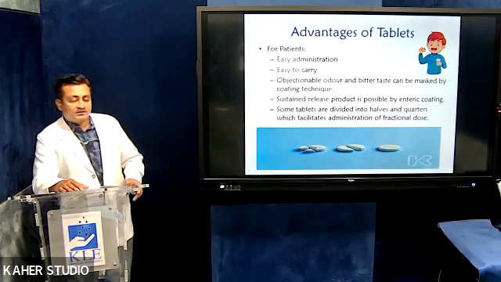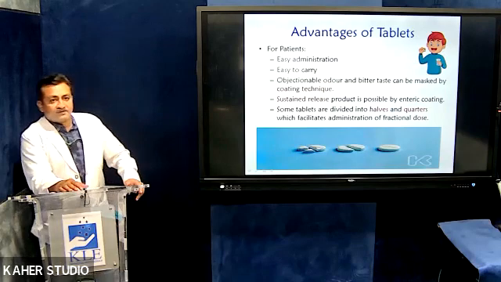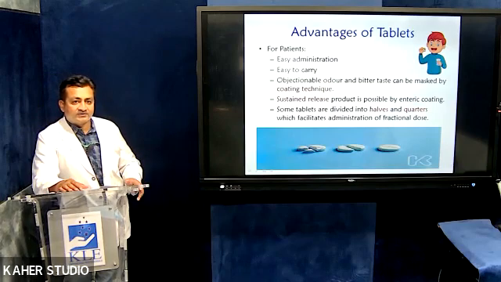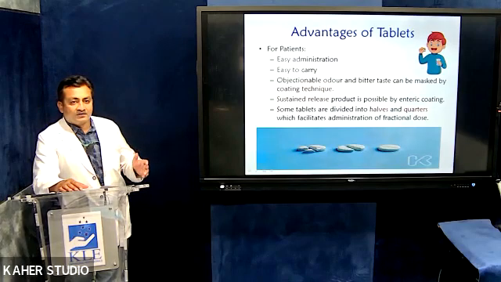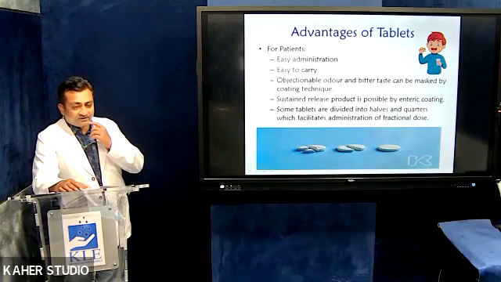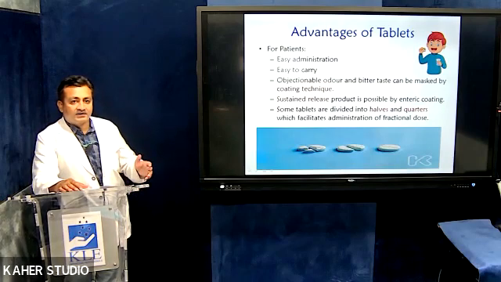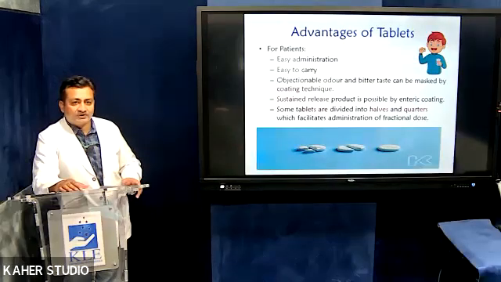Some tablets we can also prepare as a sustained release product, which means the drug can be released from the tablet as per the requirement. With the help of different polymers we can coat the tablet and prepare sustained release or controlled release tablets.